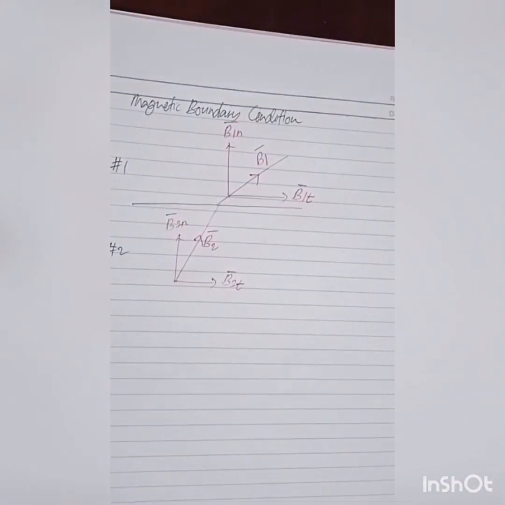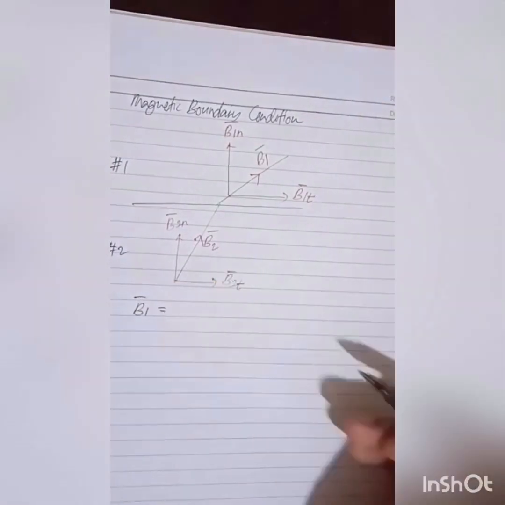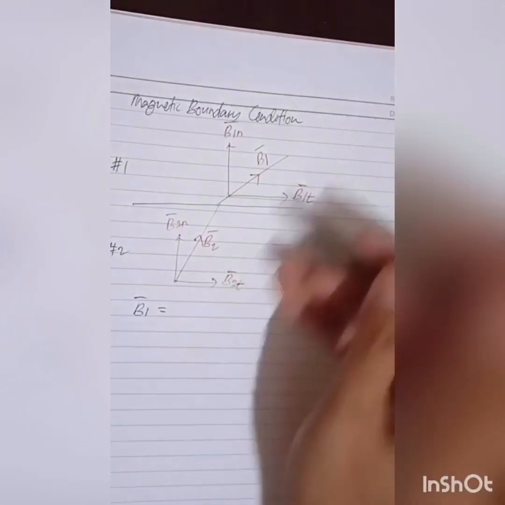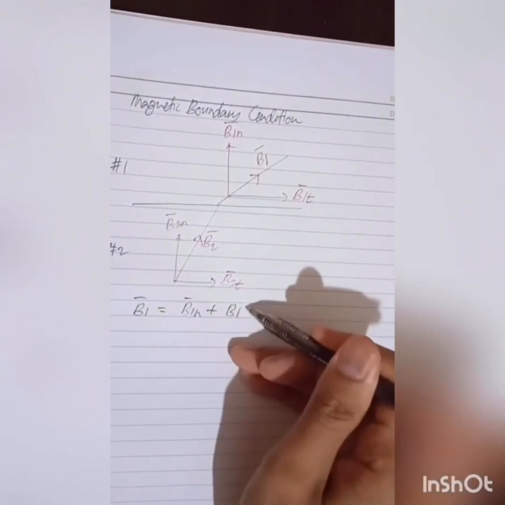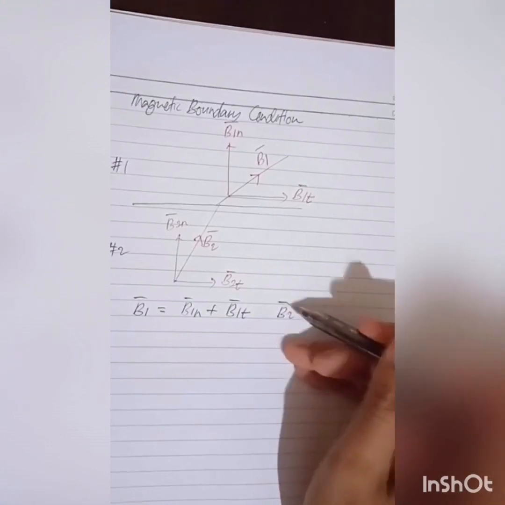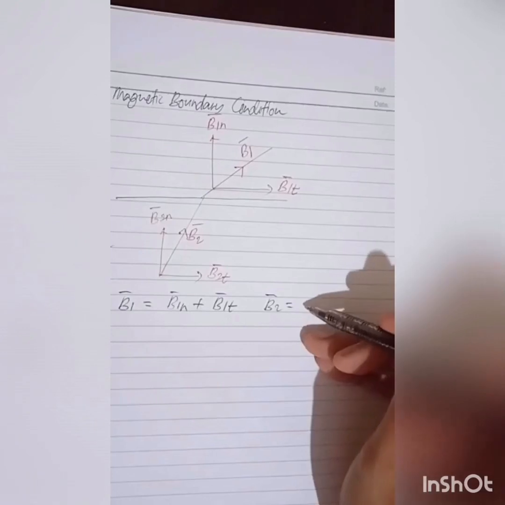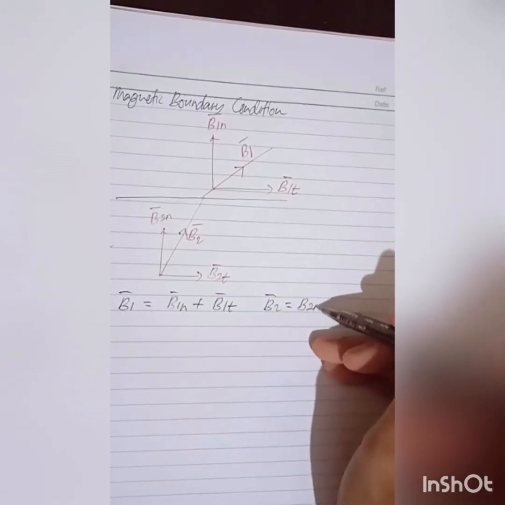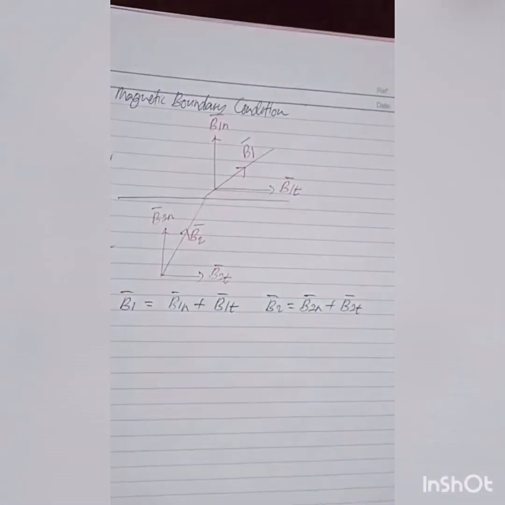We are going to find the relationship between these components. B1, decomposed into two as shown in the diagram, is equal to B1 normal plus B1 tangential, and the B2 vector is equal to B2 normal plus B2 tangential.